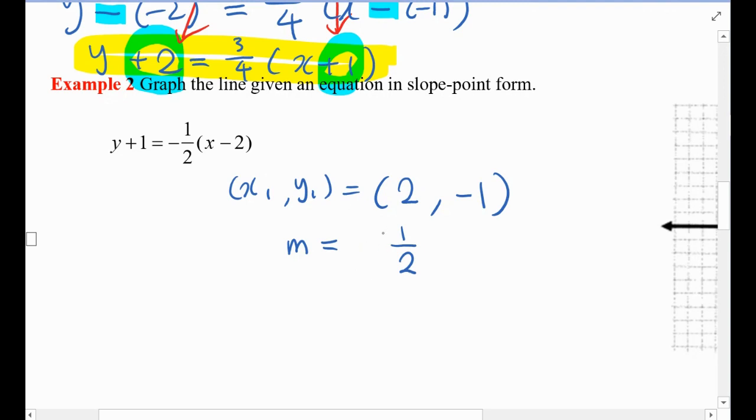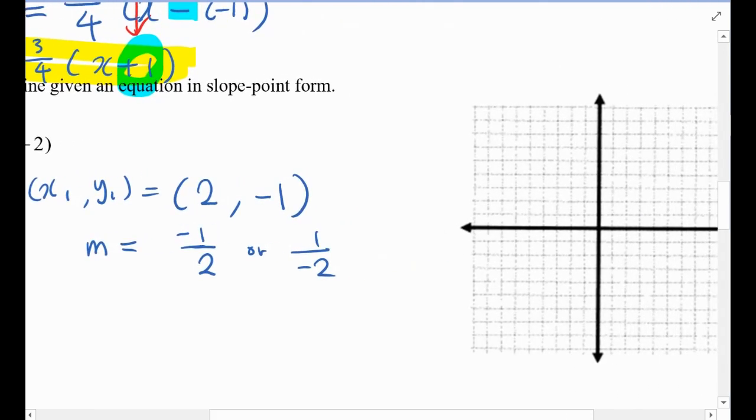Let's move the negative sign to the top. Or if you want to move it to the bottom, you can move it to the bottom. Doesn't really matter. Okay? So they are the same. Okay, then starting point (2, -1). (2, -1) is here. Rise over run. Rise is negative 1. Run is 2.